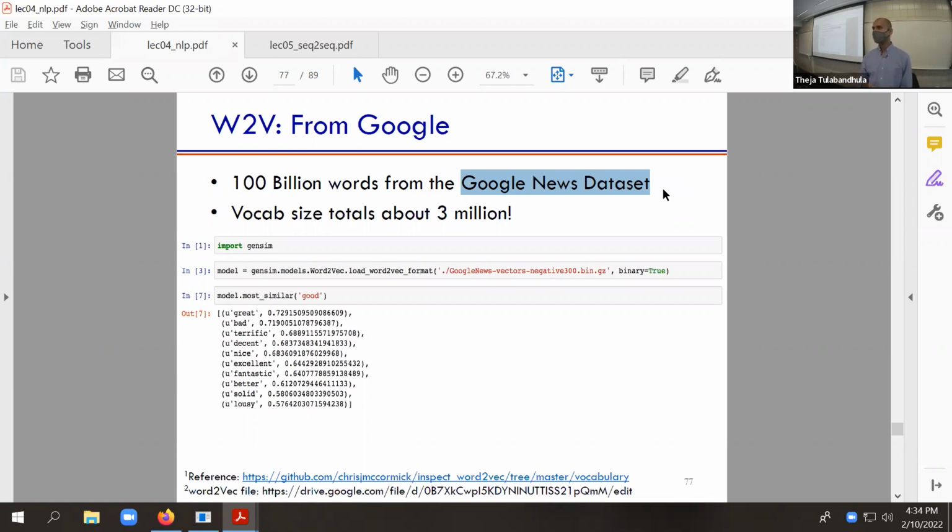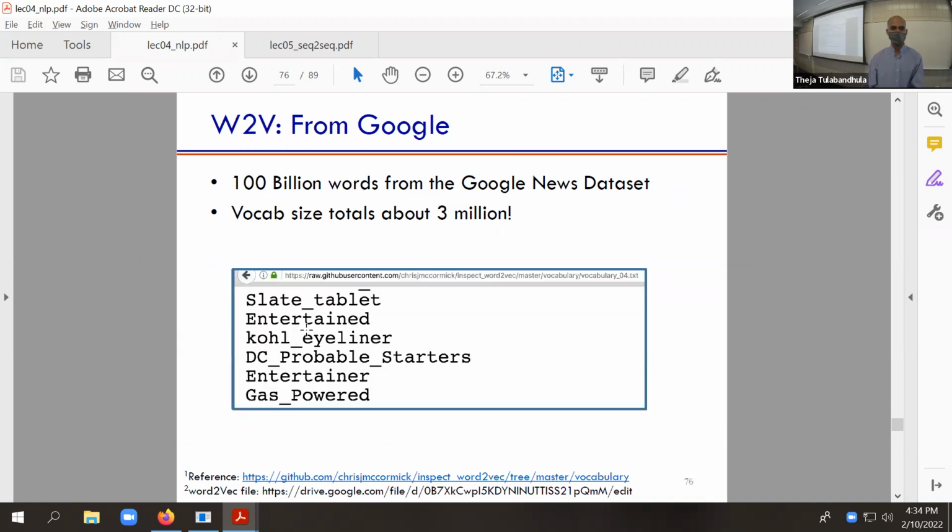There are many such corpora. For example, I think Common Crawl gives you a crawl of the internet itself. So there are different corpora from which you can train. They had the Google News dataset, and they created those words, like the types of words you saw in the previous slide. Once they created this, they did the embeddings for these.